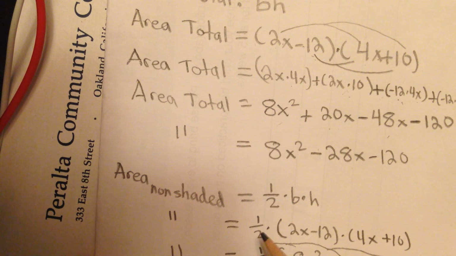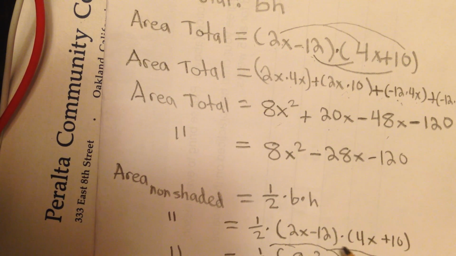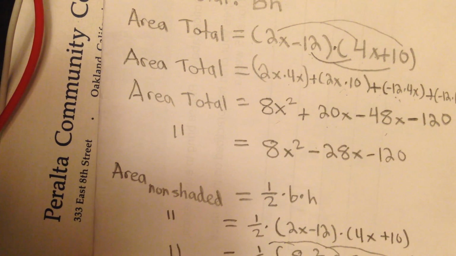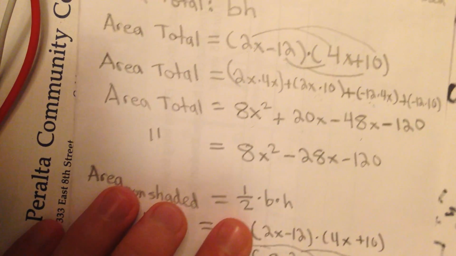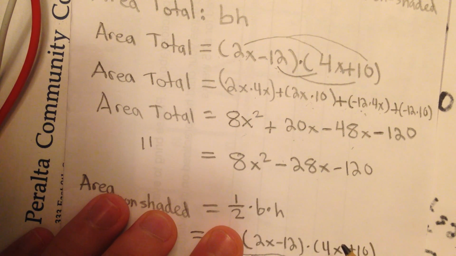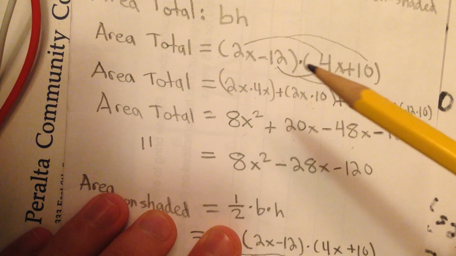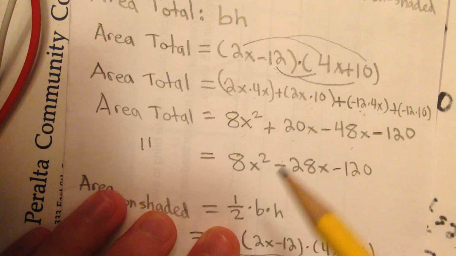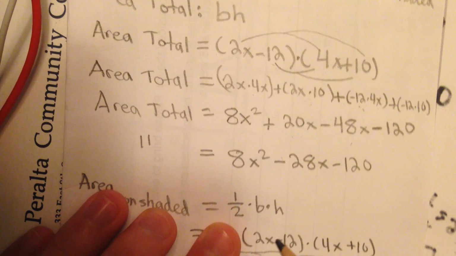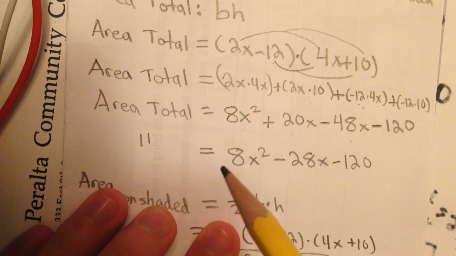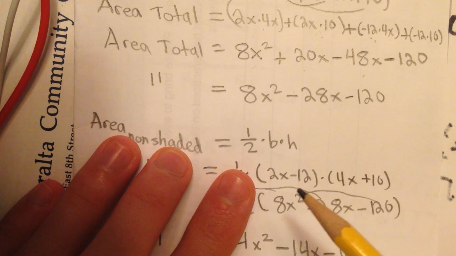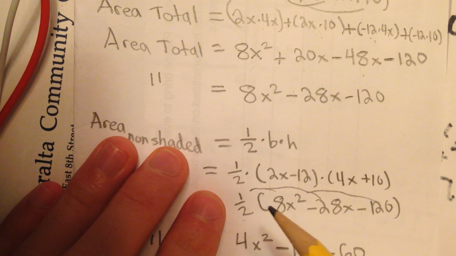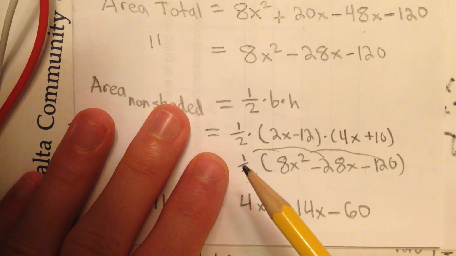So the area non-shaded will be equal to one half times the base, 2x minus 12, times the height, 4x plus 10. We already solved for that product up here, so we don't need to do more math. We can just replace it with that value, and it's multiplied by one half. Now we distribute each term.